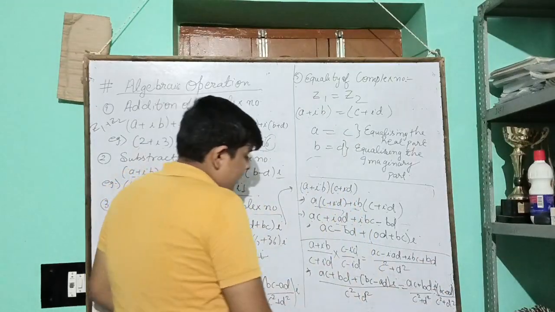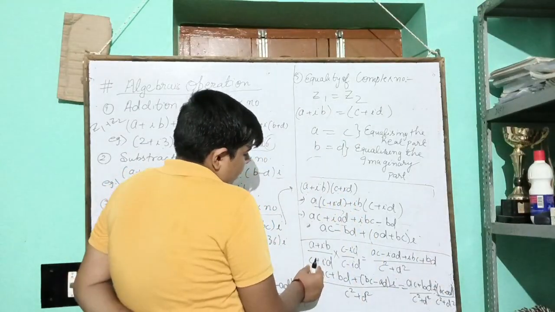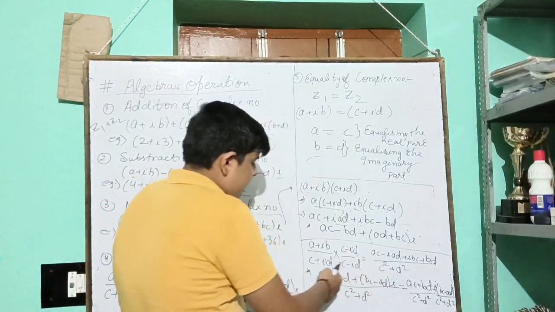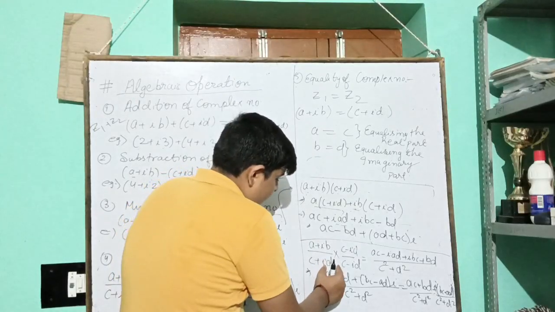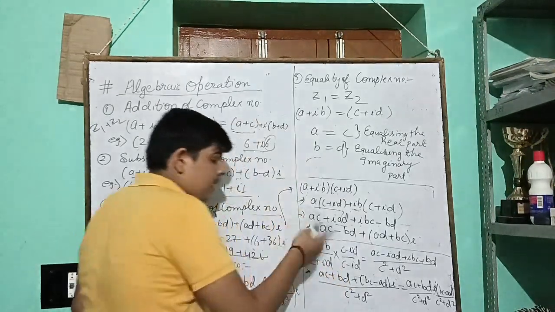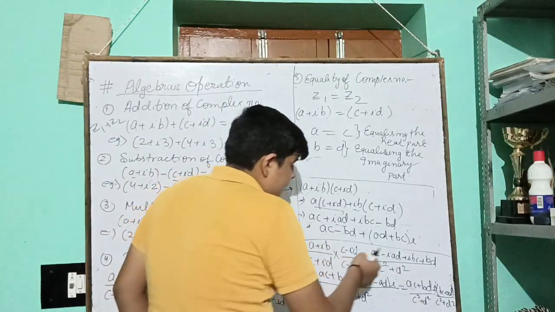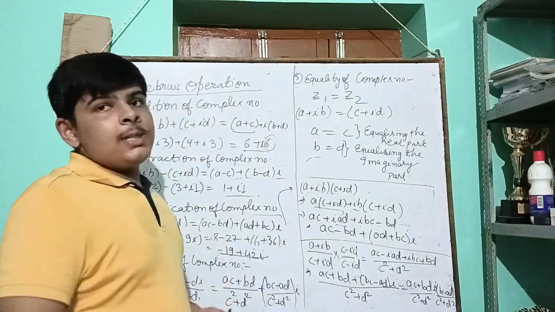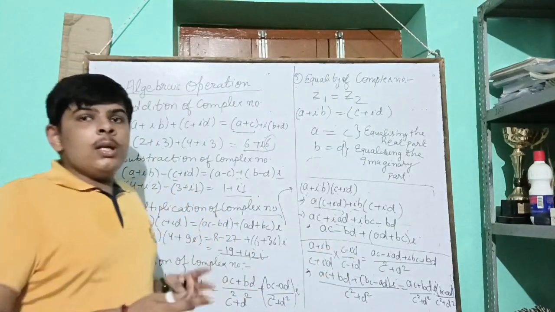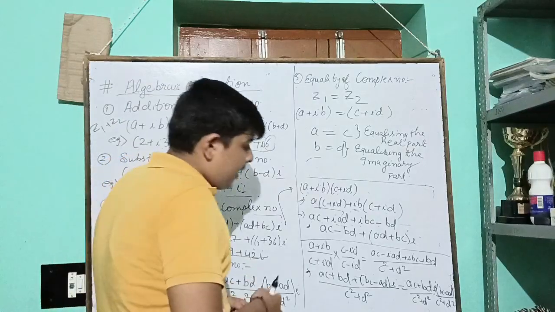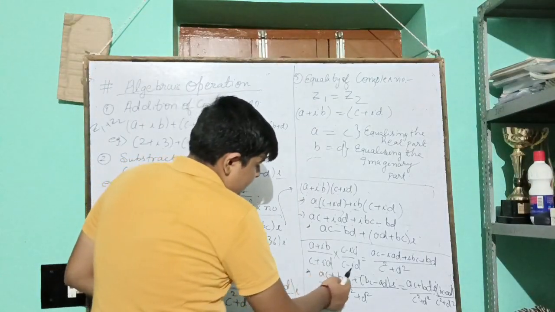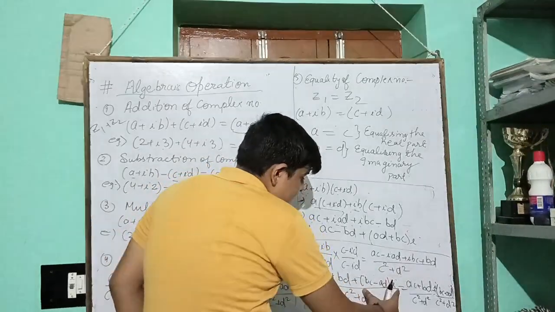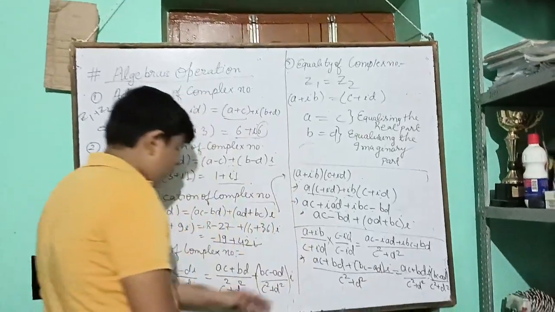In the denominator it is simple, a square minus b square form: c square minus d square iota square, so minus and minus becomes plus, that's why I have written c square plus d square. After that I have arranged the whole complex number in the real part and the imaginary part. ac plus bd is the real part, and bc minus ad into iota is the imaginary part, and this is how the formula came.